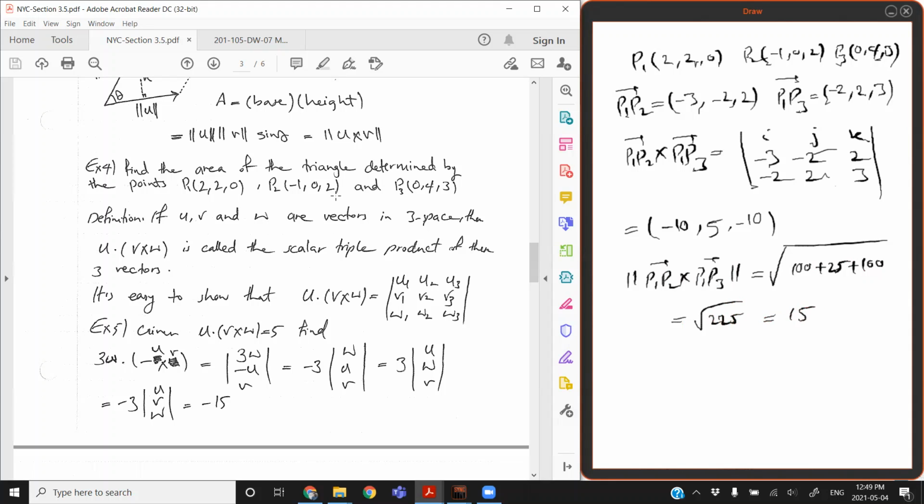That's going to be 15. So that means the area of the triangle is that divided by 2, because the area of the triangle is half of the area of the parallelogram. Is everything clear here? Any questions?